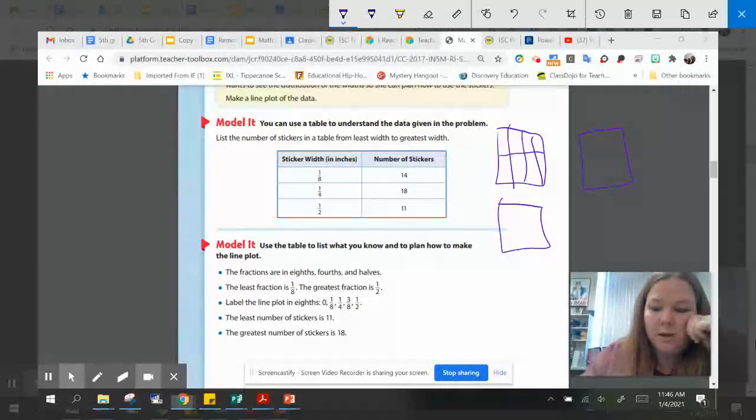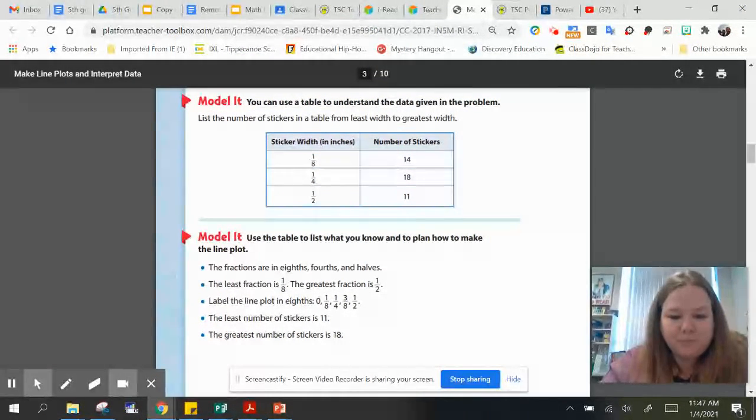I'm sorry, you guys, I'm a horrible drawer. There's 1/4 and there's 1/2. The eighth pieces are the smallest because all the wholes are the same size. So let's say they're each a whole pizza. Well, if the pizza was divided into 8 pieces, that's the smallest piece. So that's why 1/8 is the smallest. Just to give you an idea of that.